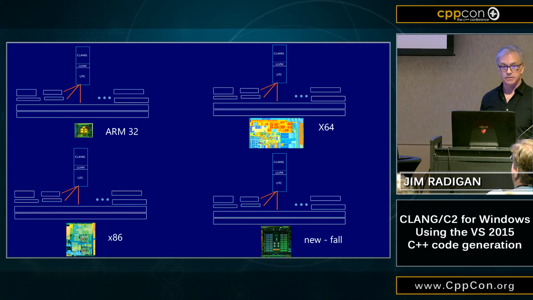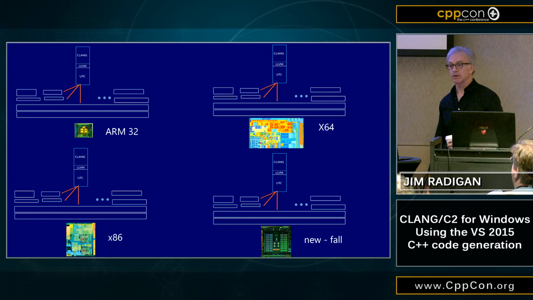So for all 4 architectures, we'll have a top-down cross-platform story for code that would run on Android, iOS, or Windows. And then C2 takes care of all of the ABI and API and runtime semantics. So that's what we're shipping in November.